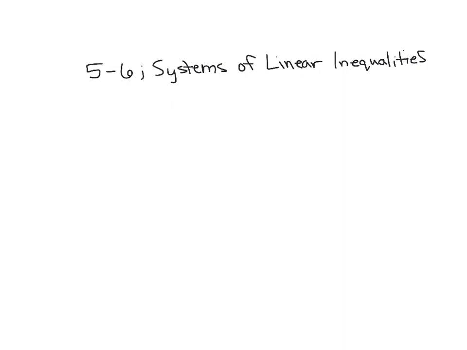So they give you the point (2, 1) and the system: y is less than negative x plus 4, and y is less than or equal to x plus 1. Same thing as 5.1 when we were solving systems of linear equations.